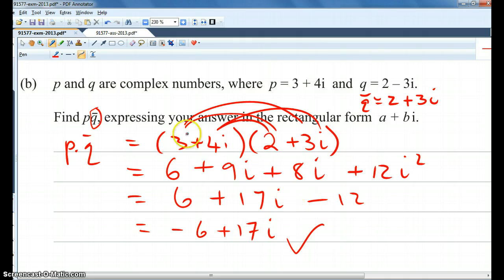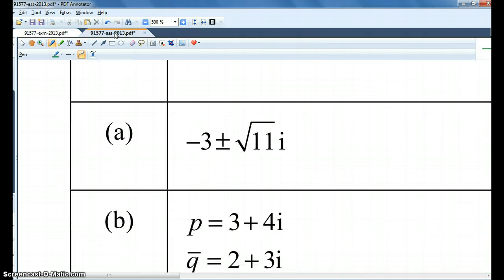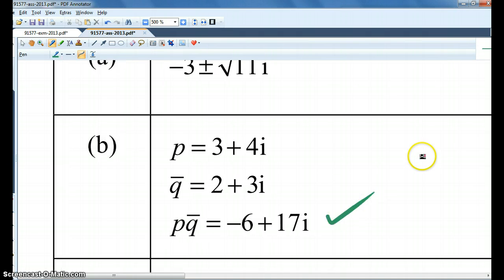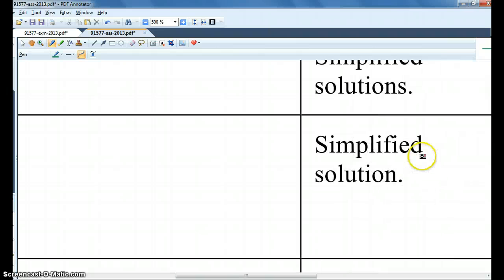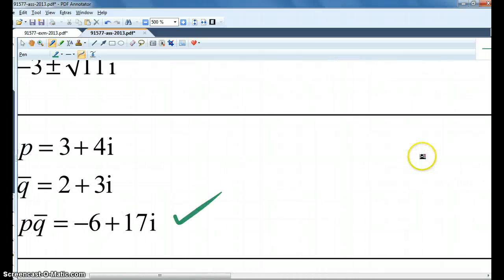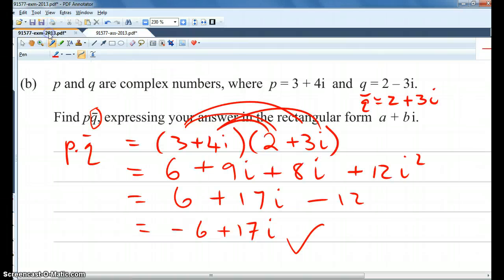Sweet. And there we go. Simplified solution. Okay. Nice. Keep going.